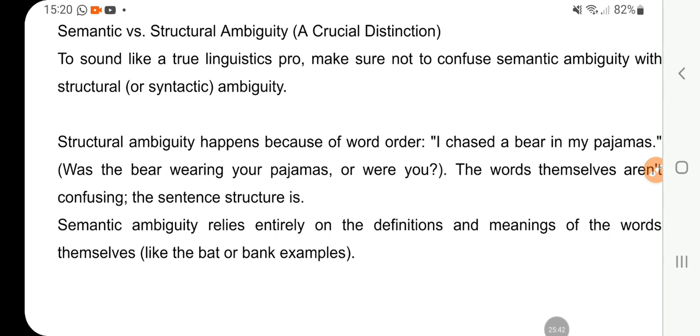Here I can't write it, but I am speaking this sentence. You just have to listen and tell me what the interpretations of this statement are. I would like to hear from you how many interpretations there are and what the appropriate word order is. So listen to the sentence: you only fail when you stop trying.